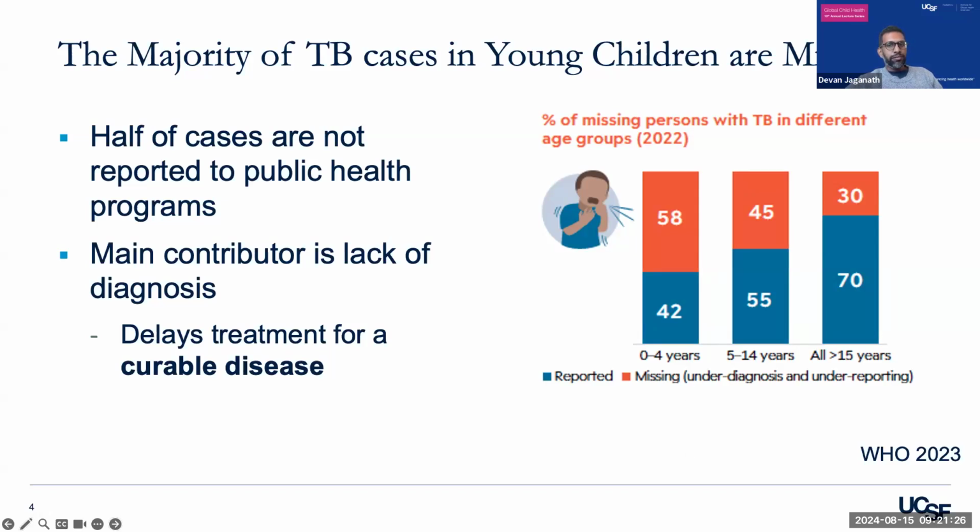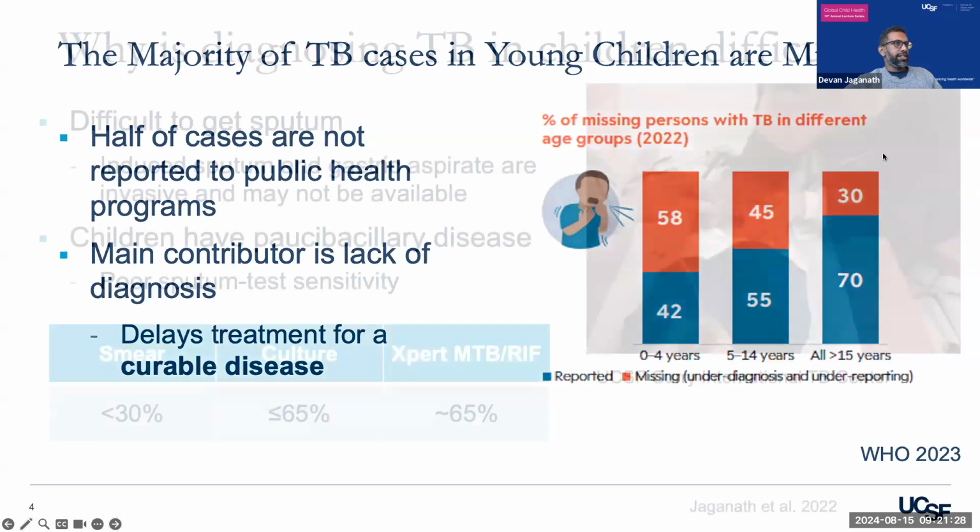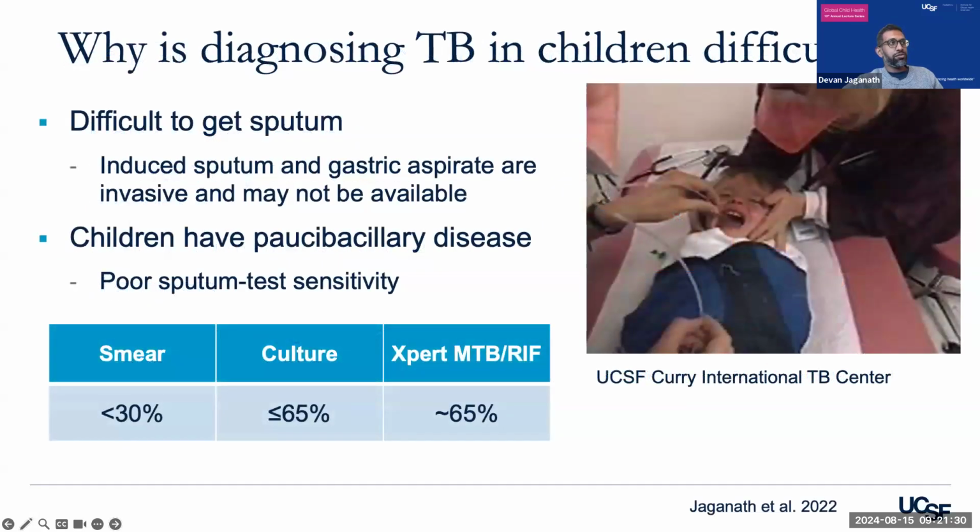At the same time, we have to recognize it's quite difficult with our current tools to diagnose TB in children. The standard way, especially for pulmonary tuberculosis, is to get sputum. Adults and adolescents can expectorate a sample, but young children are unable to really do that.